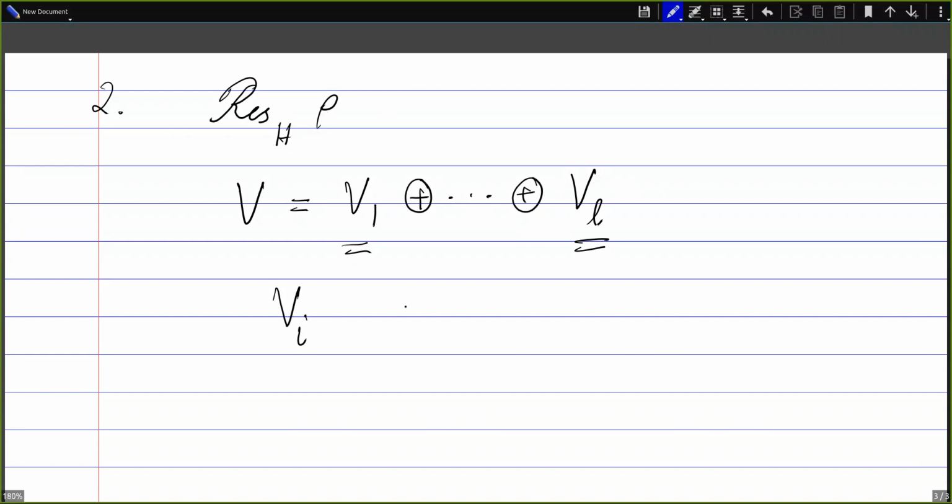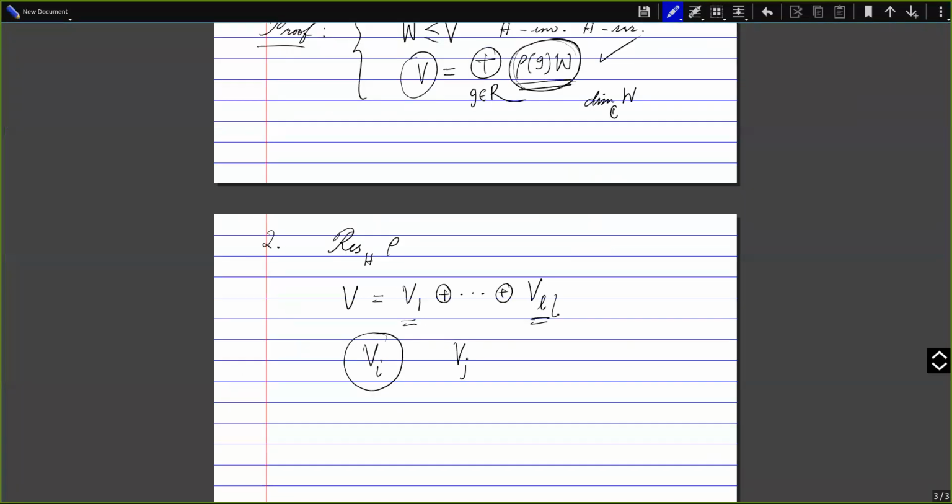If we call those subrepresentations the components of Vi, then furthermore, no component of Vi is isomorphic to any component of Vj if i is not equal to j.